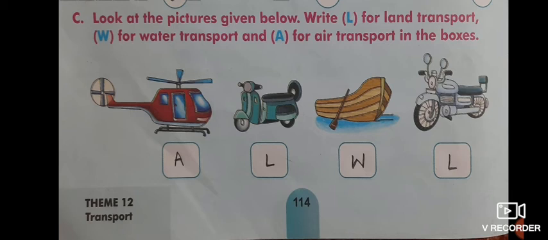First, there is a picture of helicopter. So that is an air transport, so you will write A. Then scooter is land transport, so L. Boat is water transport, so W. And again bike is a land transport, so L.